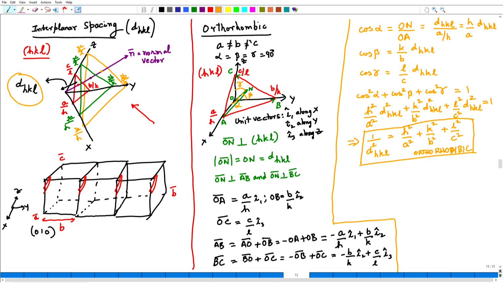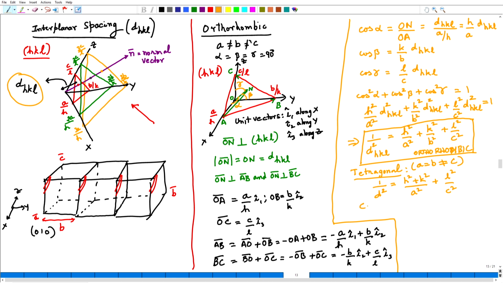Now, it is easy to see what the expression will be for tetragonal. One upon d square is equal to h square plus k square upon a square plus l square upon c square, because here you have a equals b not equal to c, and angles are still 90 degrees.